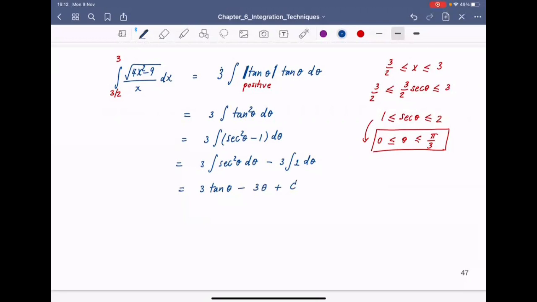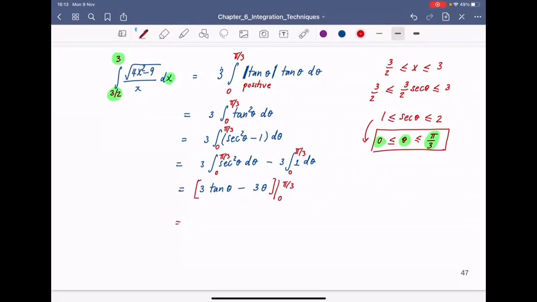Because you already said that x is in between 3 over 2 and 3, that means theta is from 0 to pi over 3. So we evaluate from 0 to pi over 3.